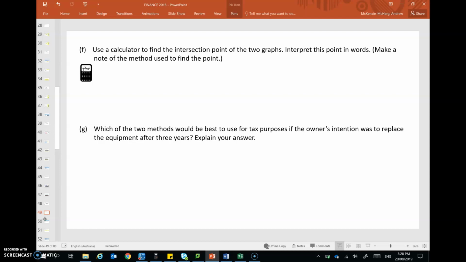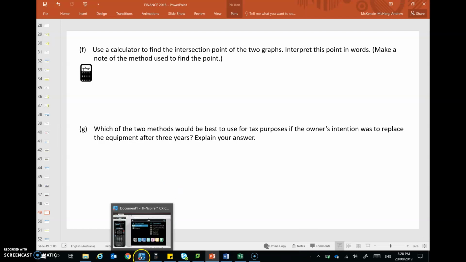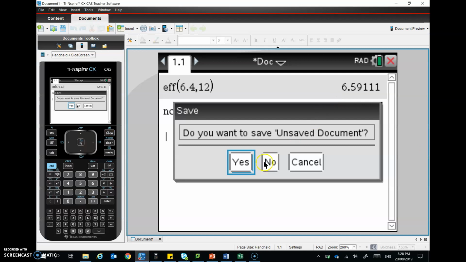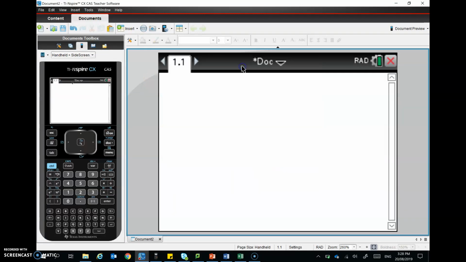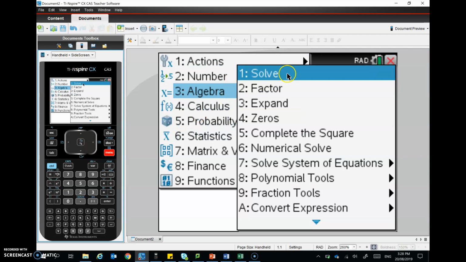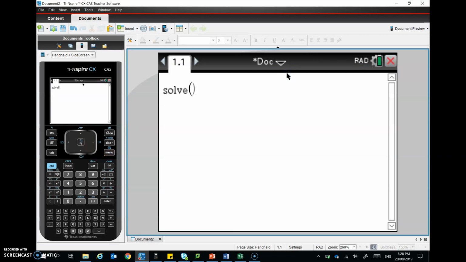Okay, so that's what the next bit's all about. So a couple of ways we could do this. I can just go into here and I can go add calculator and menu, algebra, solve, and I'll put in the two equations that I got.